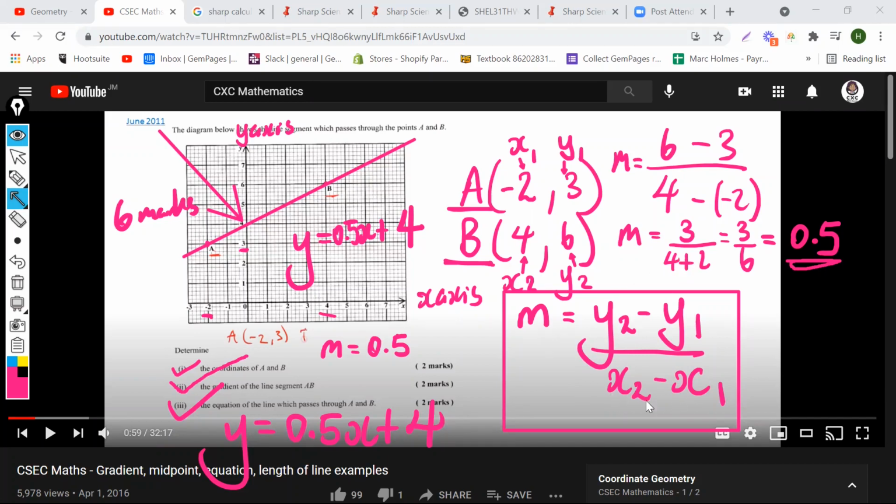Those are the variables we use. If you have 2 points, guys, you can always find the gradient by making x1 and y1 the first point and x2 and y2 the second point. Make sense, Romario?